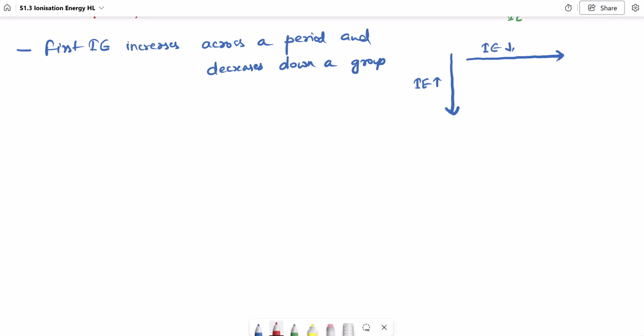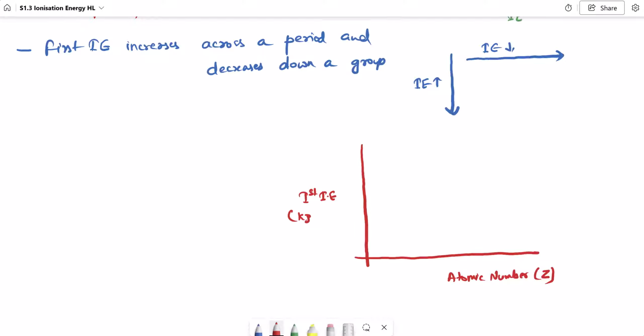Let me make a graph. Here you have atomic number Z, and here you have first ionization energy, which is given in kilojoule per mole. Let's say it starts at 0 atomic number. Let's see the ionization energy trend of hydrogen to sodium.